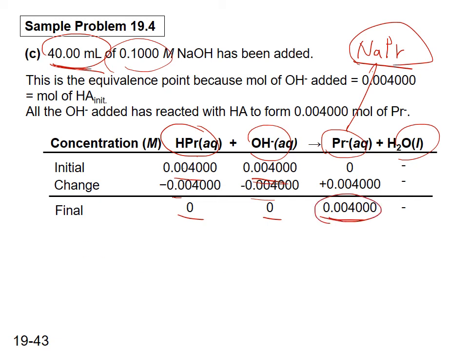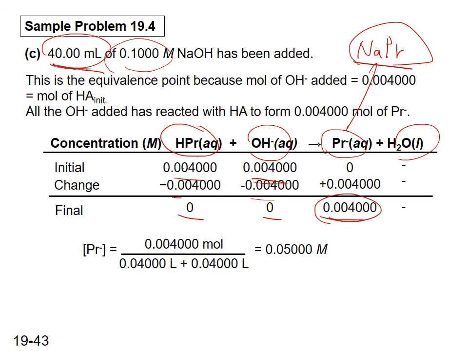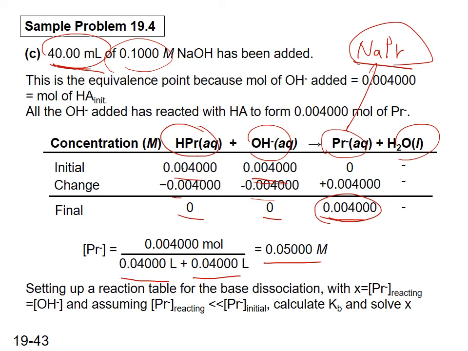This is the number of moles, so we divide by the total volume, which is the volume of the acid plus the volume of the hydroxide. This is the concentration of the propanoate anion in the solution. Next we are going to set up the table, calculate the hydroxide concentration, and then we can calculate the hydronium ion concentration.